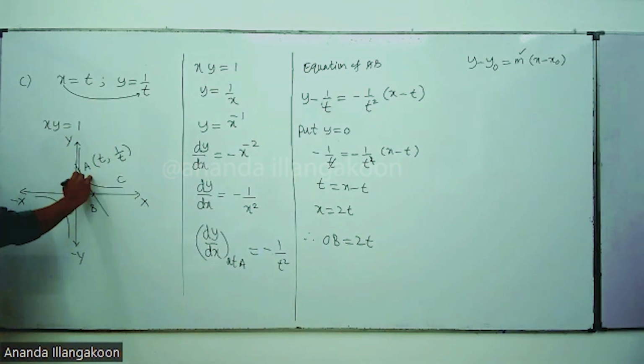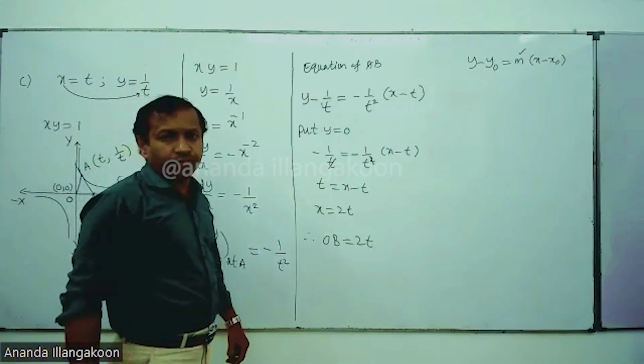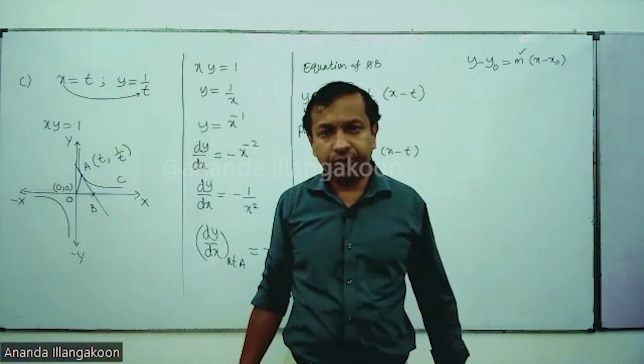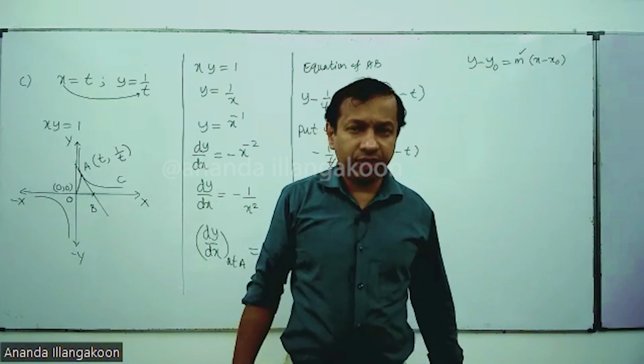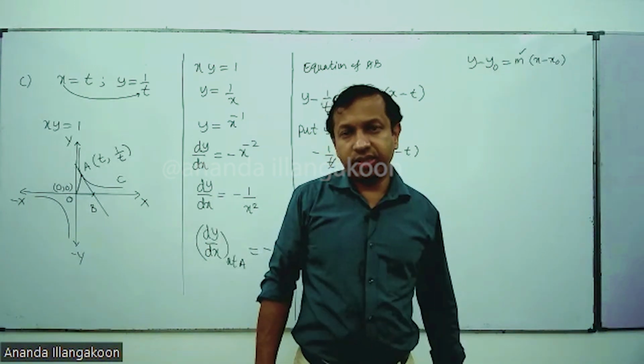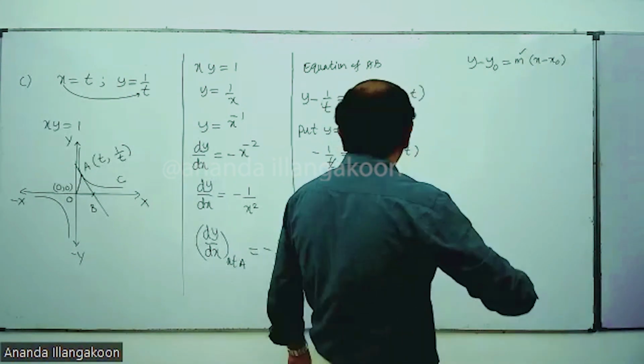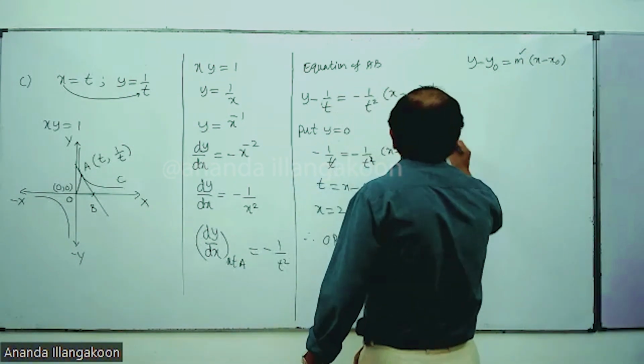Now this OA. How to find OA? Point O has coordinates 0, 0. We know a formula to find the distance between 2 points: the square root of the difference of x coordinates squared plus the difference of y coordinates squared. So using that, we can write OA.